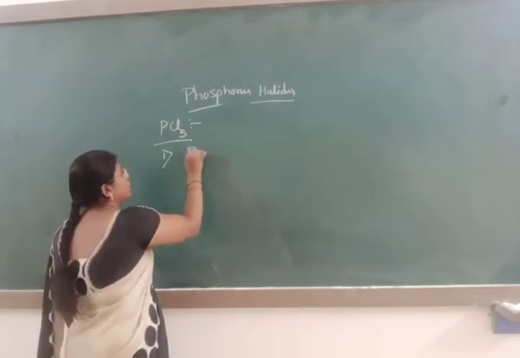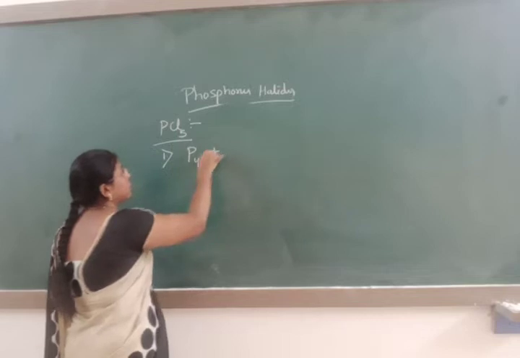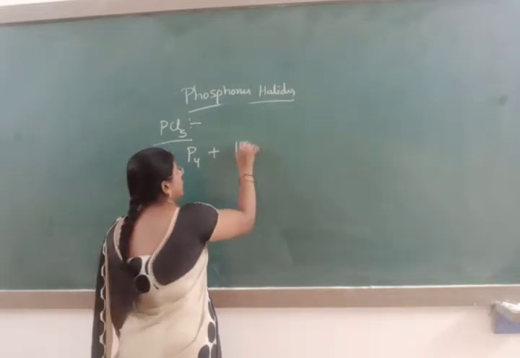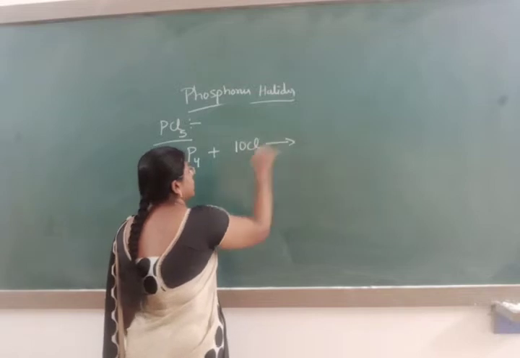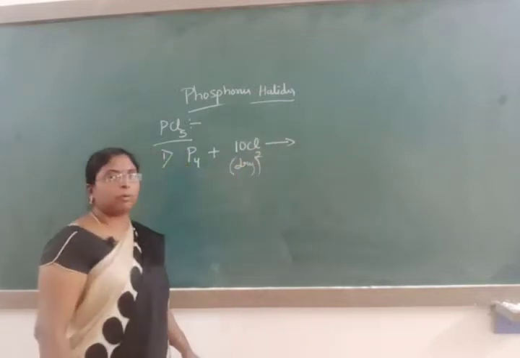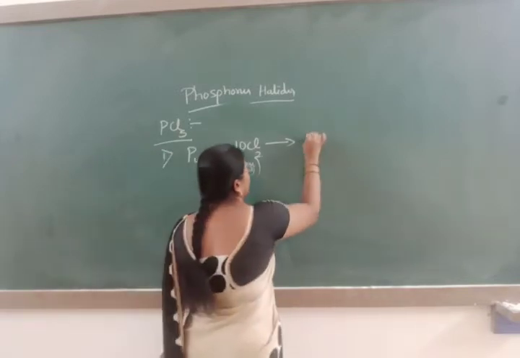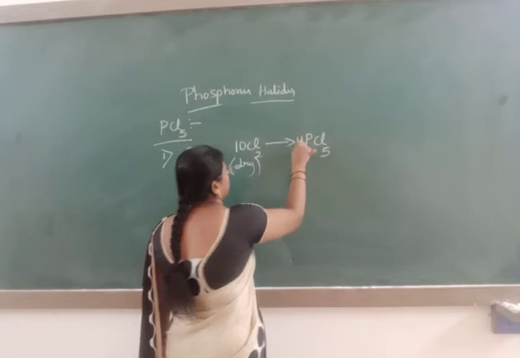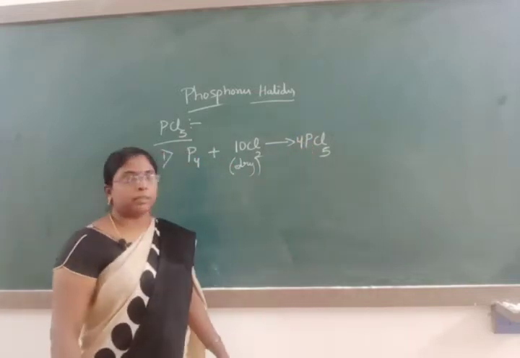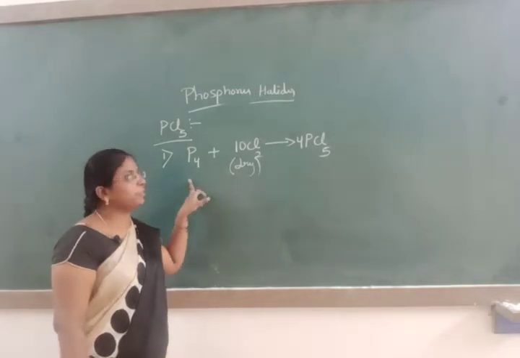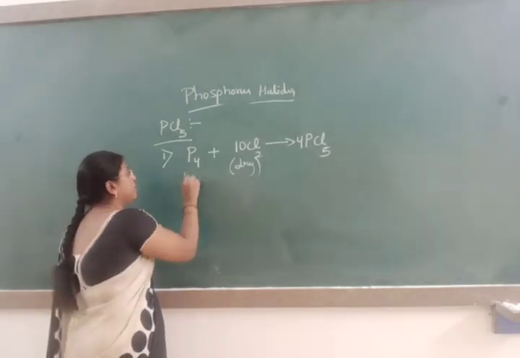Here, white phosphorus reacts with dry chlorine gas to form PCl5, phosphorus pentachloride. An excess of dry chlorine reacts with white phosphorus to form PCl5.